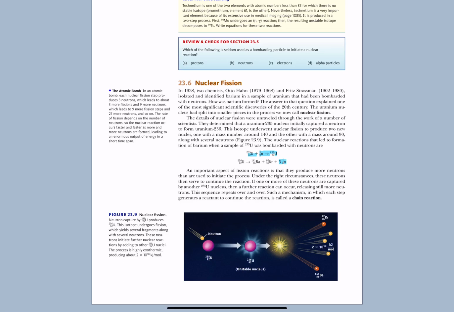And so you need 1 neutron, and you get 3. Those 3 can strike 3 nuclei, producing 9, which can strike 9 more nuclei, which can produce then 27 neutrons, which can strike 27 nuclei, which then can produce 81 neutrons, and so forth. And very rapidly, you have what we call a chain reaction.